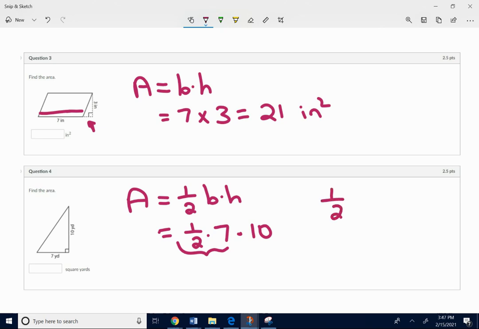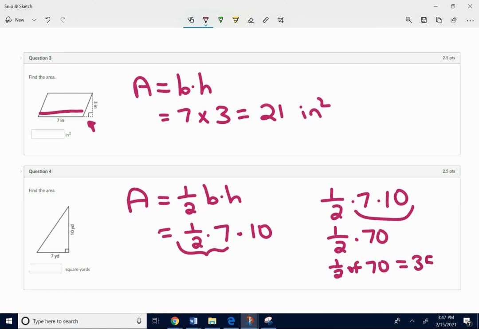You're going to get a decimal or a fraction. What I would do in this particular problem is I would figure out 7 times 10 first. So I would think of this as 1/2 times 70, which means take 70 divided by 2, which is 35 square yards.